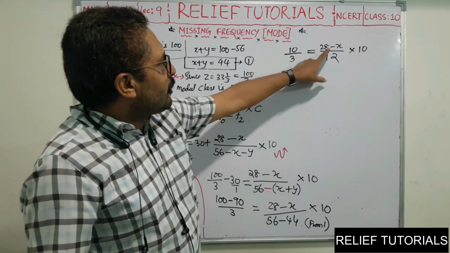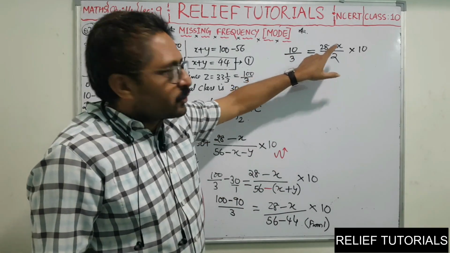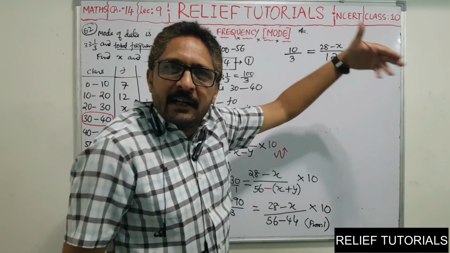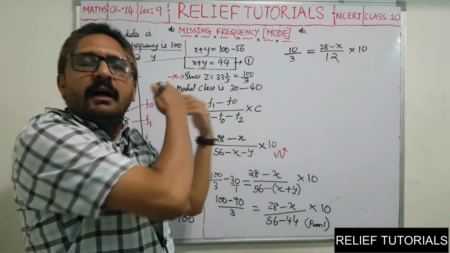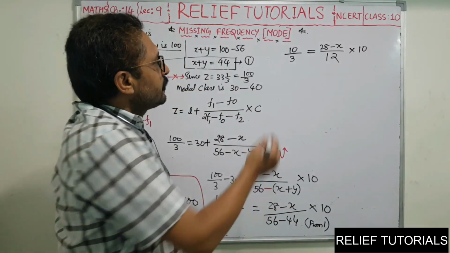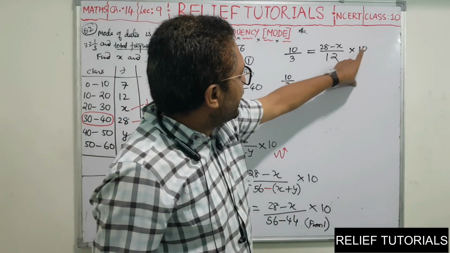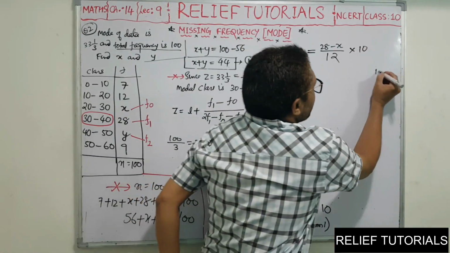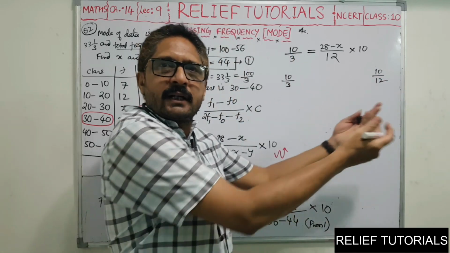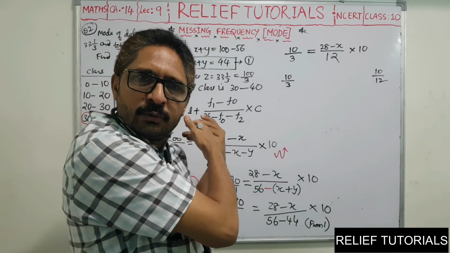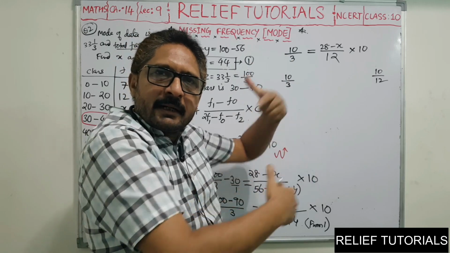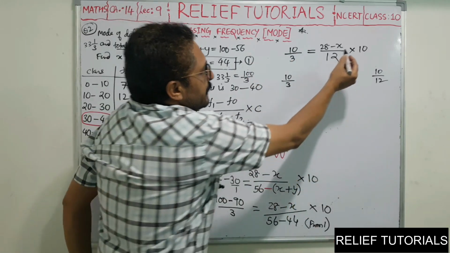Now here we want to find the value of x. So this term we will keep on one side and the remaining terms we will send to the other side. Here we have 10 upon 3. What is left here? 10 by 12. When 10 by 12 comes to the other side of equal to, it will become the reciprocal.